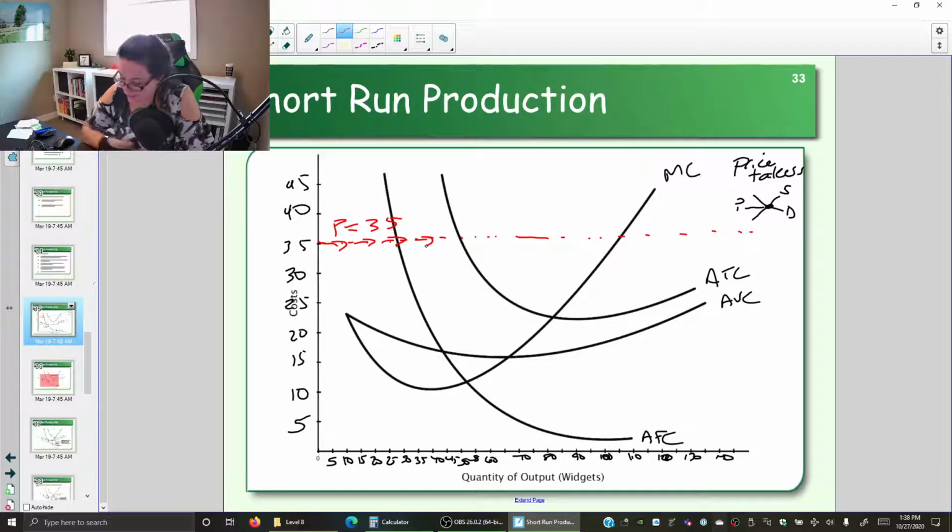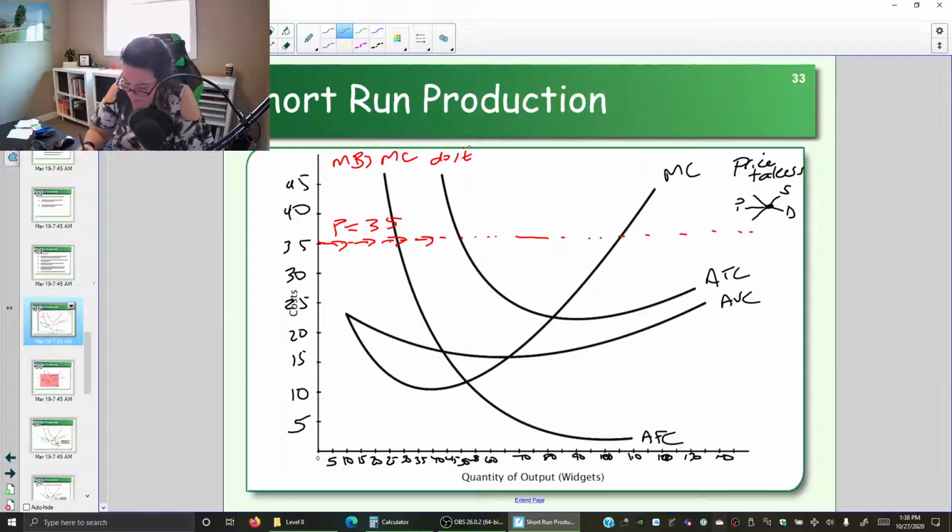You make decisions by doing what? By weighing the costs and the benefits, and you do things when the extra benefit is more than the extra cost. So as a business, what is the extra benefit of selling one more unit?